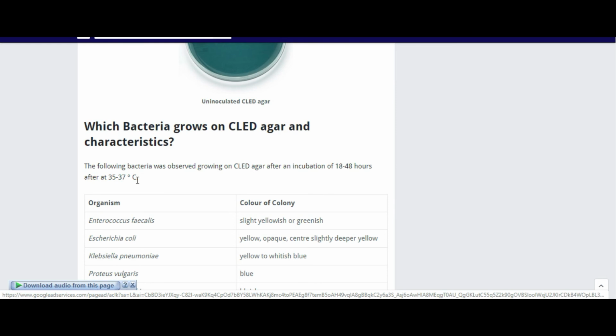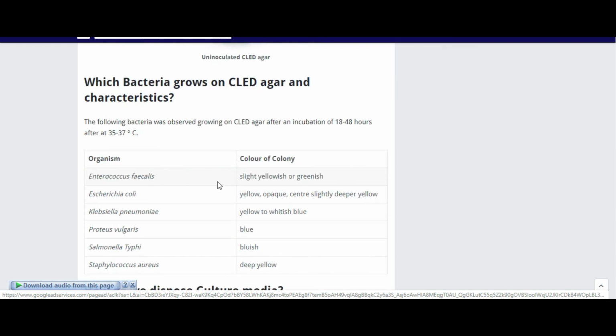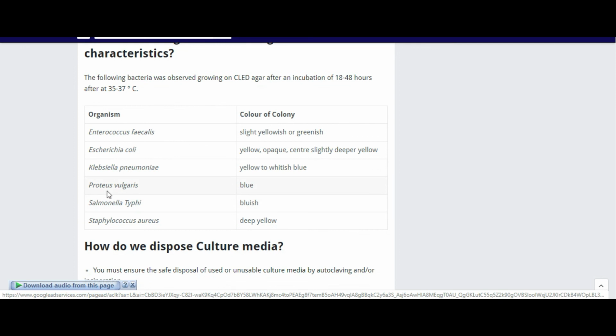For the type of organisms, you have Enterococcus faecalis, which appears slight yellowish or greenish. We have Escherichia coli, which appears yellow or yellow opaque with deep yellow at the center. Klebsiella pneumoniae or Klebsiella species appear yellow to whitish blue. Proteus species appear blue. Salmonella typhi is bluish, and Staphylococcus aureus appears deep yellow.